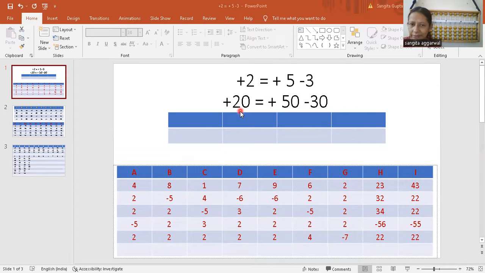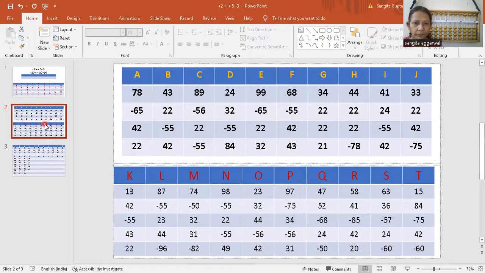So now let's start. You see these questions, which you have to solve using the add-2 formula. I'm also going to show you these questions. You have to practice these questions with the add-2 formula.